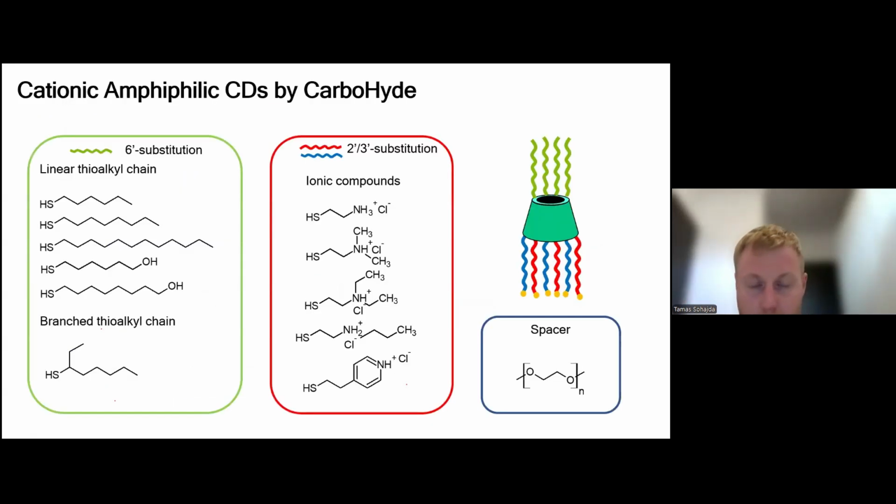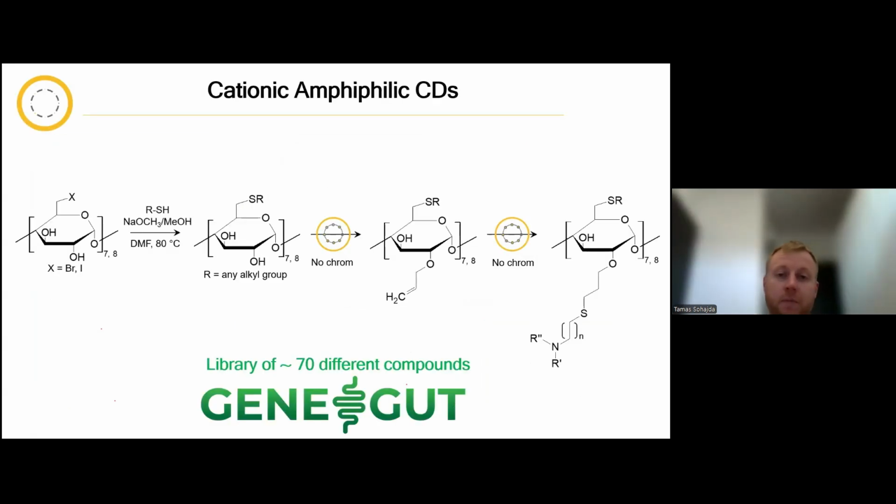Again, we have dealt with this research quite a lot, and we explored how the differences in the alkyl chain and differences in the ionic groups affect the delivery. Since publications are on the way, I cannot really disclose how far we got with this.